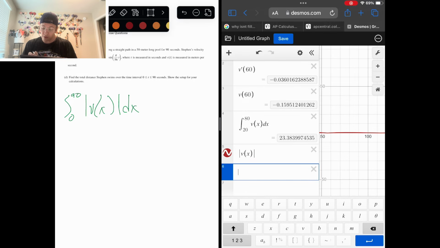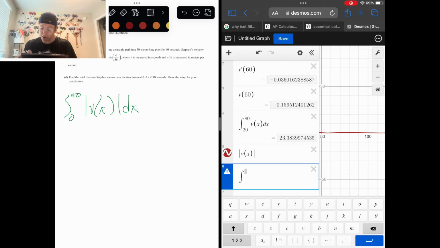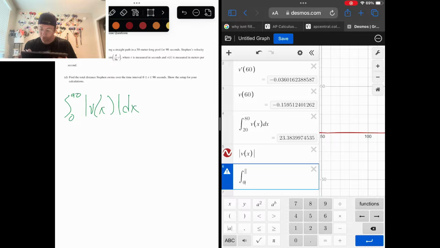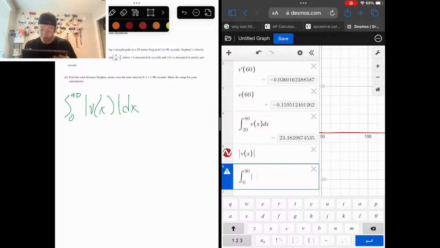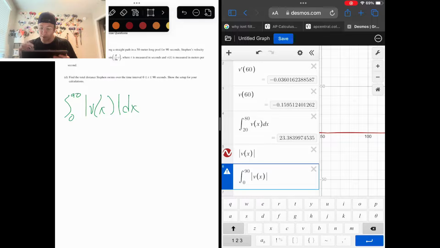So we're going to have the integral from 0 to 90 in this case of the absolute value of v of x dx, because again, we want to account for everything, all of the accumulation that he did, not just the positive movement that he went.